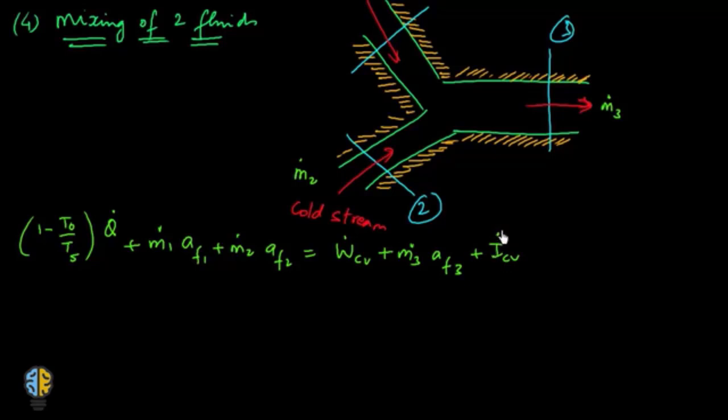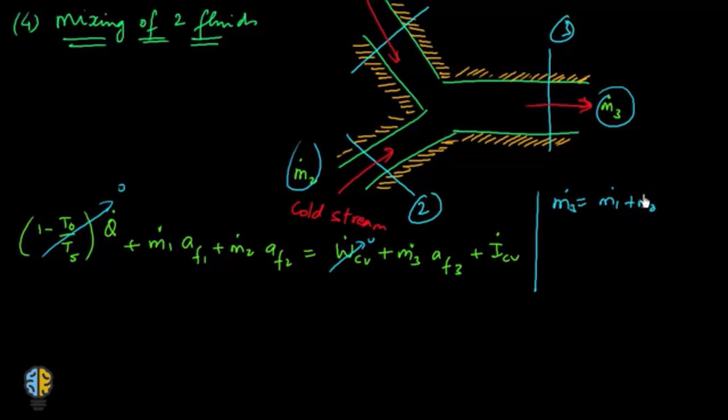Now the mixing is an adiabatic process, so this will become 0. Also there is no work flow from the system, so this will also become 0. Okay, and we can say that whatever mass flow rate these two streams are getting, this is the sum. So m3 dot is equal to m1 dot plus m2 dot.